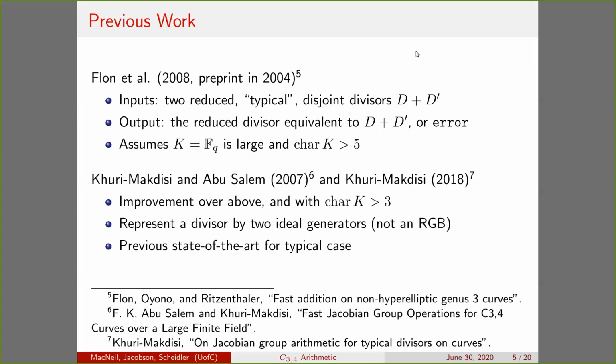Corey McDeesey and Abu Salem improved upon that, and until now they had the state-of-the-art for typical case arithmetic. I'll note as well that they represented divisors by two ideal generators, but these generators didn't form a reduced Gröbner basis like in Arita's representation.